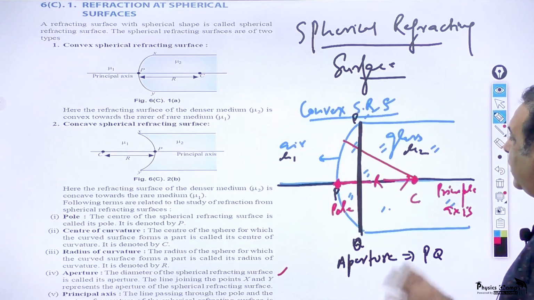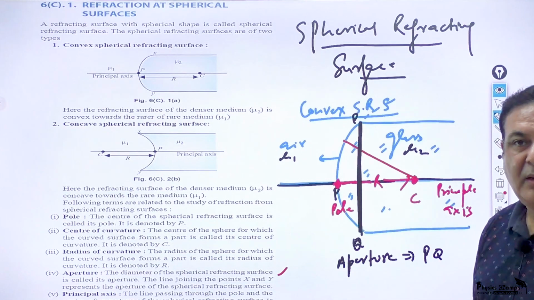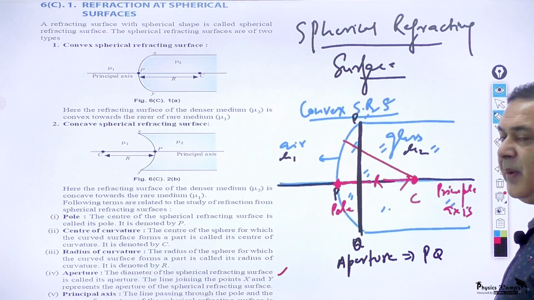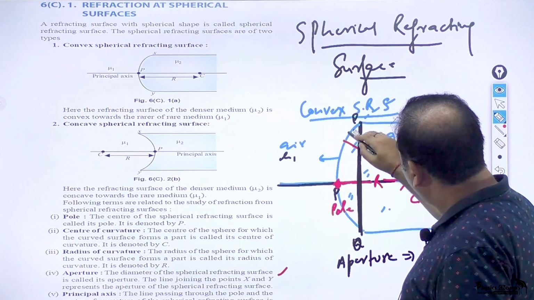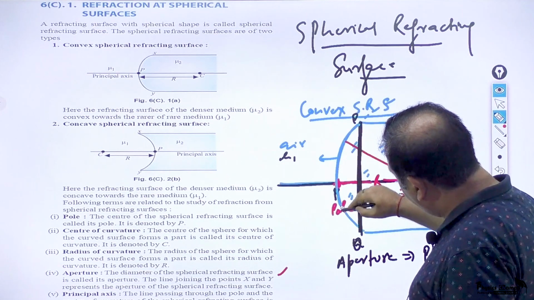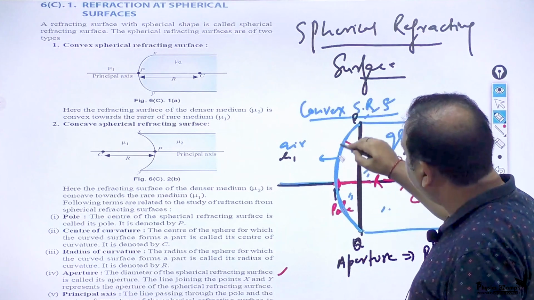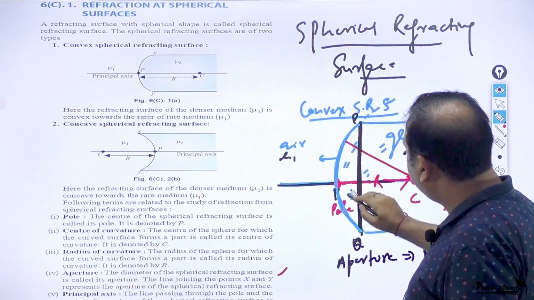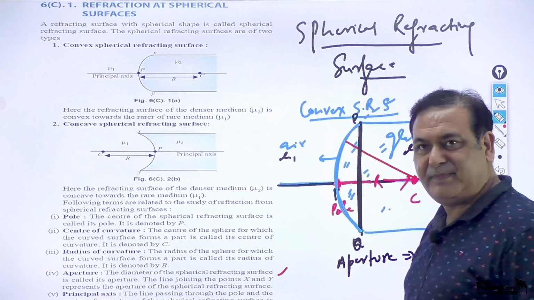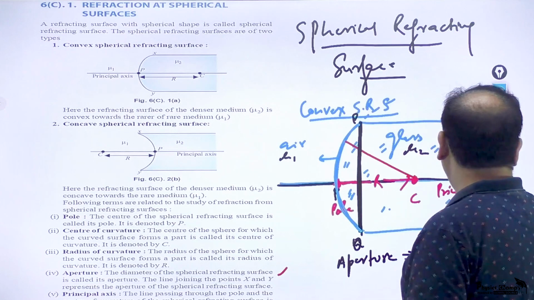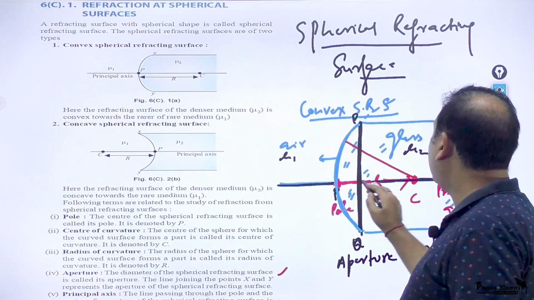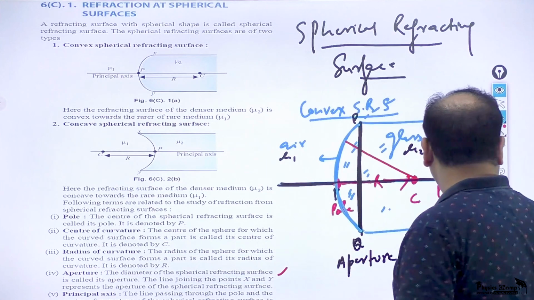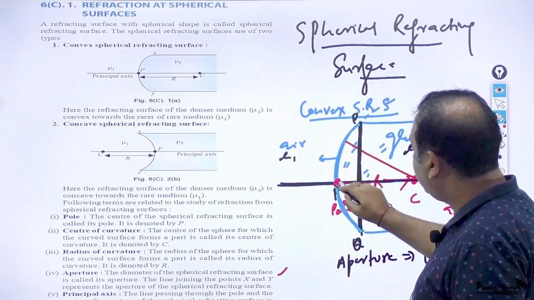So once again, the different terms we talked about. First, this is a convex refracting surface because its denser medium has a convex surface towards the rare medium. Second, this line which passes through its center will be called the principal axis. This point will be called the pole.